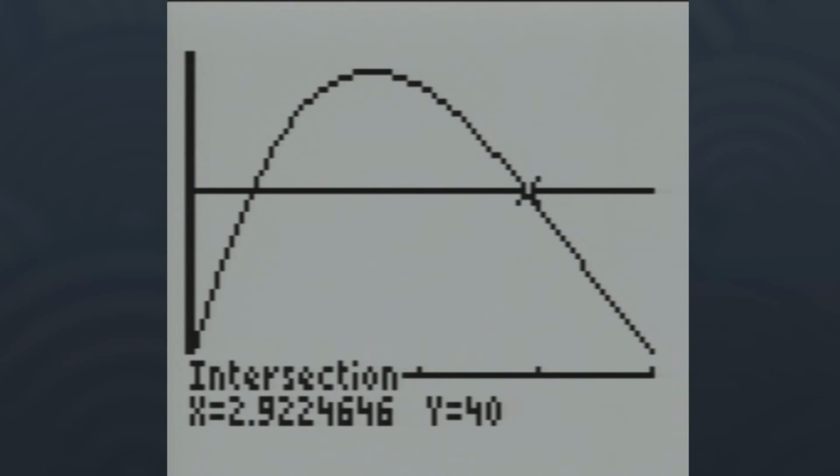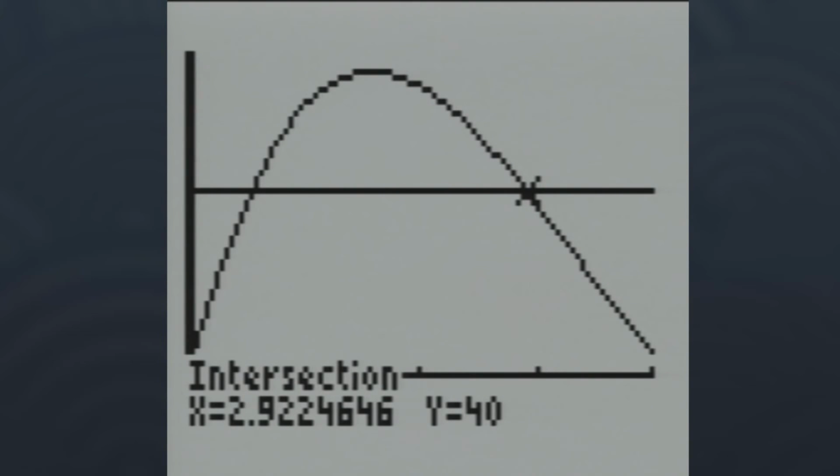And if we were to cut out a square that's about 2.922 inches big on a side, we'll still get a volume of 40 cubic inches. So these are just some of the very introductory, basic things you could investigate.